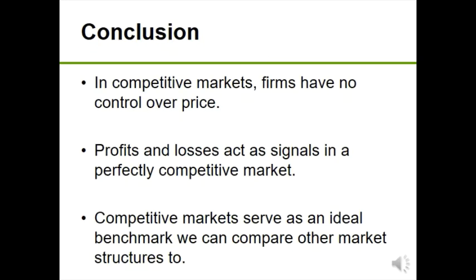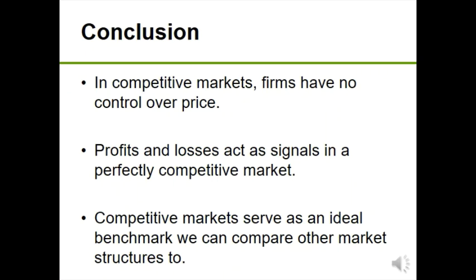So to bring this chapter to a close, in competitive markets, firms are price takers. They have no control over the price. This happens when there's a large number of firms selling identical products. This leads to long-run economic profits of 0, because profits and losses act as signals in this perfectly competitive market.